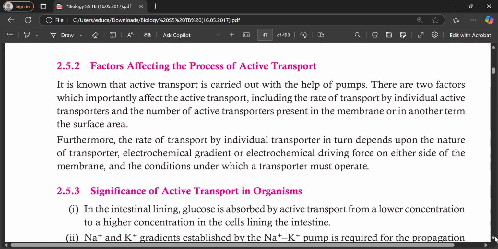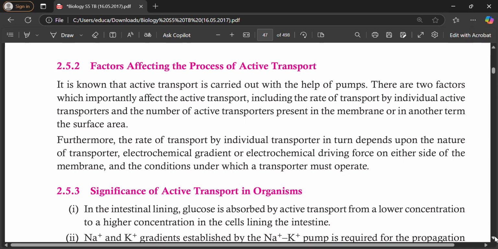Hanyuma factors affecting the process of active transport. It is known that active transport is carried out with help of pumps. There are two factors which importantly affect the active transport, including the rate of transport by individual active transporters and the number of active transporters present in the membrane, or in another term, the surface.